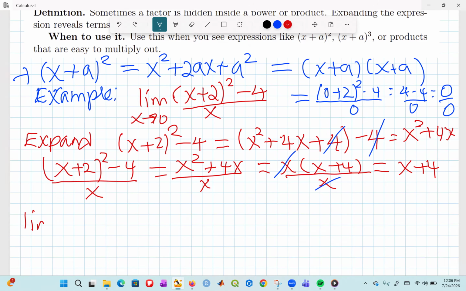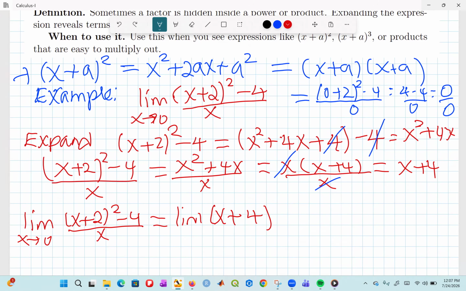Now the limit of x plus 2 squared minus 4 over x as x approaches 0 is the same as the limit of x plus 4 as x approaches 0. Direct substitution, so 0 plus 4, we got 4. This is the limit of x plus 2 the whole square minus 4 over x.